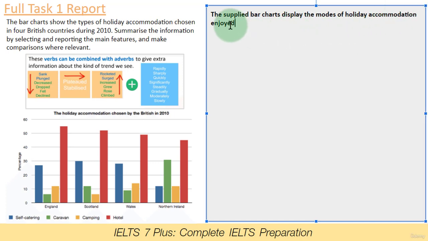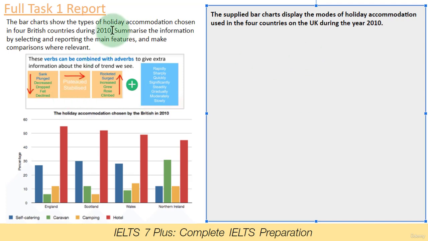Enjoyed, chosen, purchased, used maybe would be better. Enjoyed could also work. Used in 4 British countries. In the 4 countries of the UK during the year 2010.